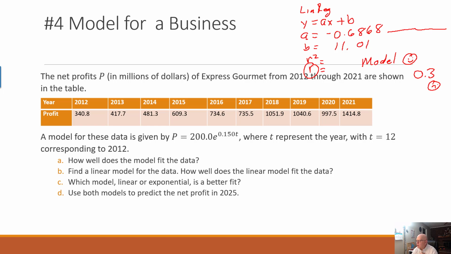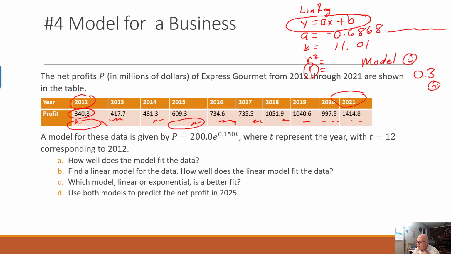Now what you're going to do is you're going to take a linear model, and you've already got what the equation is. You can put x values for 12 through 21 one at a time in that equation and find out how it's predicting these numbers, and see how close these predicted numbers, these linear model numbers, are to the real actual profit.